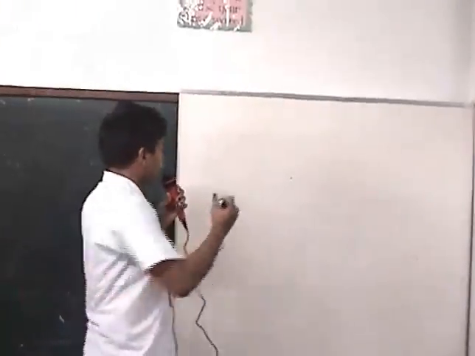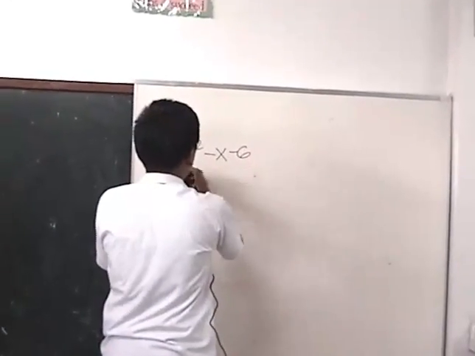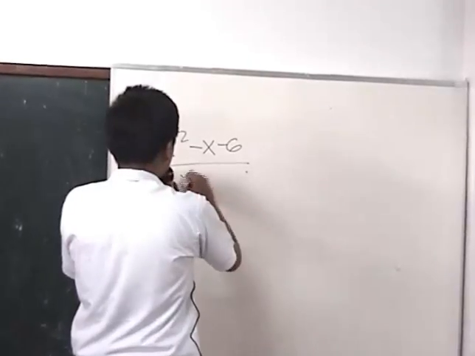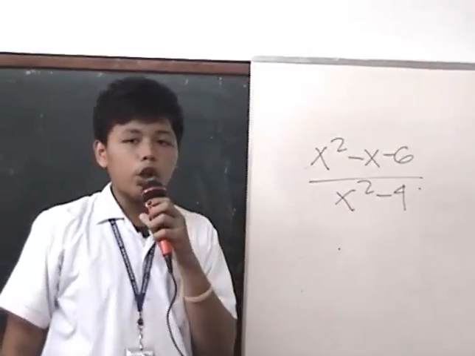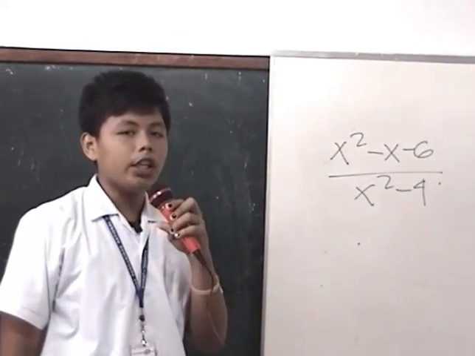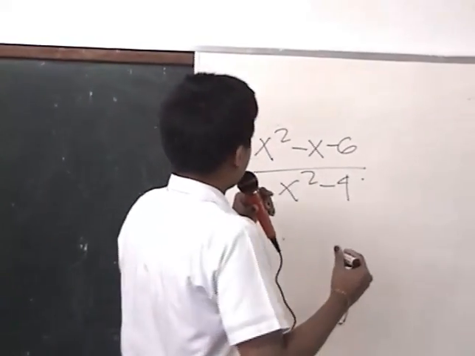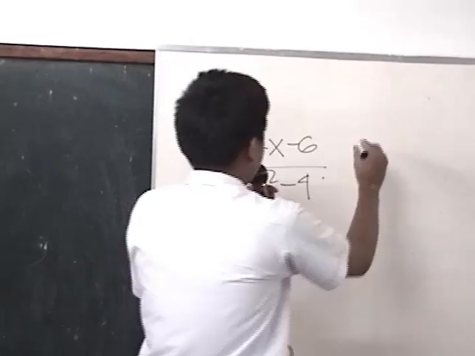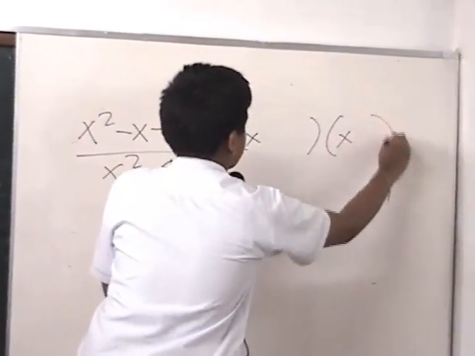To simplify x squared minus x minus 6 over x squared minus 4, we need to find the factors of the numerator and the denominator. First, we find the factors of the numerator. X squared is factored by x and x.